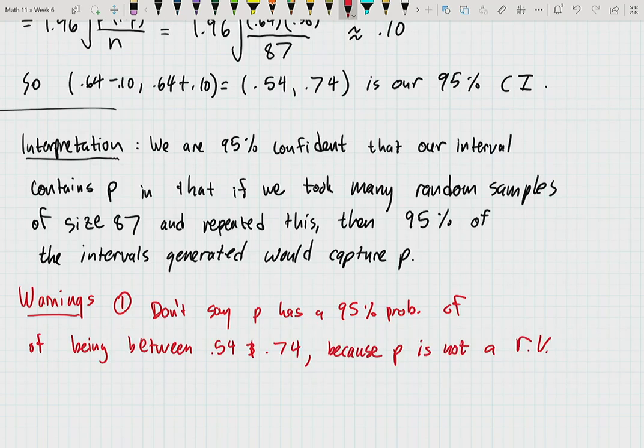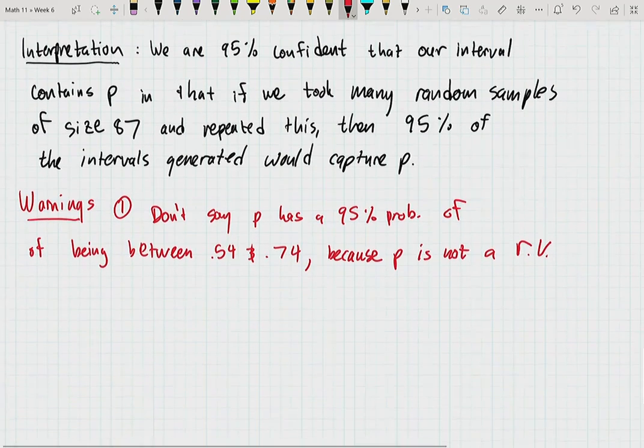That said, even though I just said not to do this, a lot of people say this anyway. You might hear people say this because they get kind of loose with the language, but technically you shouldn't be making probability statements about p. You should be making them about the interval.